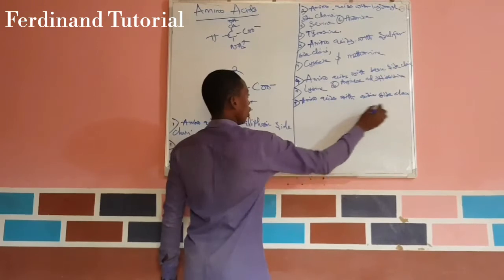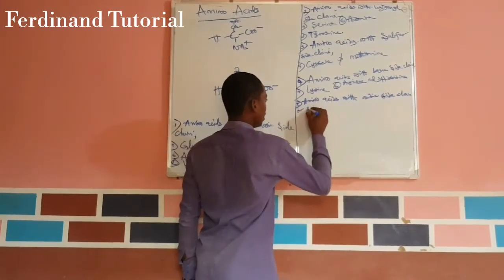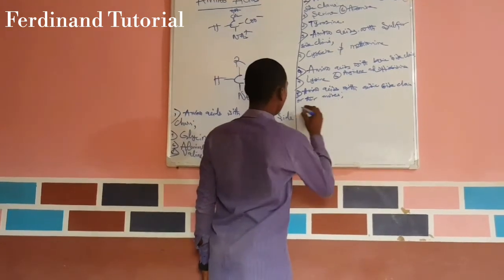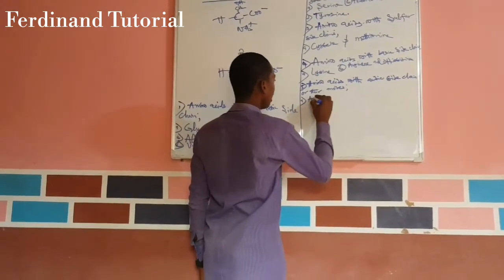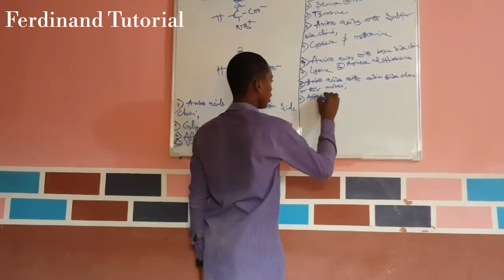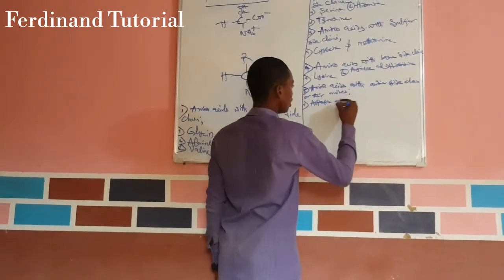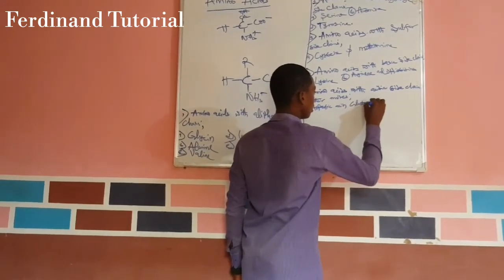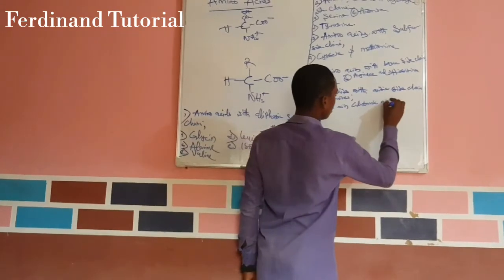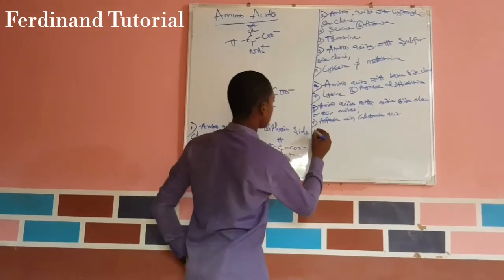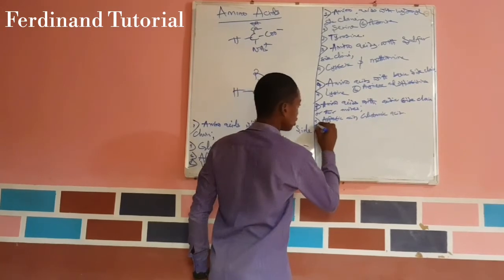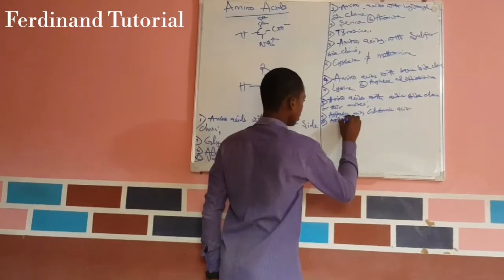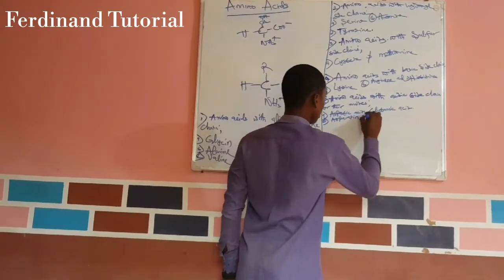They include aspartic acid, glutamic acid, asparagine, and glutamine.